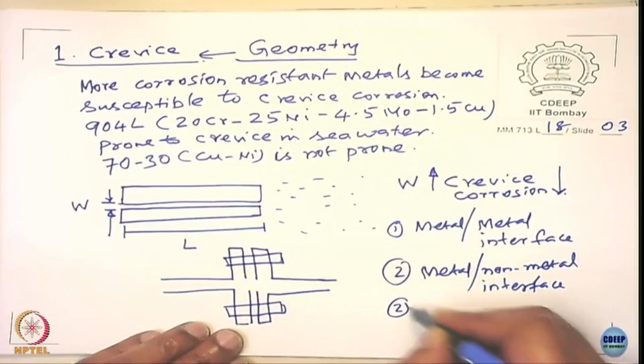Where is the width of the crevice more, metal and metal or metal and rubber? So the crevice dimension also depends upon what kind of joints you are going to have. In metal and rubber, the crevice gap is going to be small, and so you would have more crevice corrosion compared to metal and metal joints.